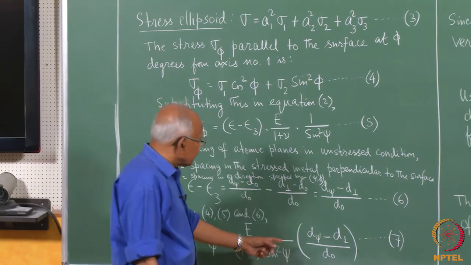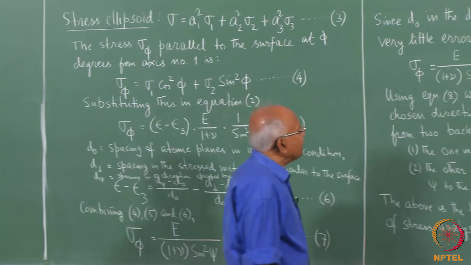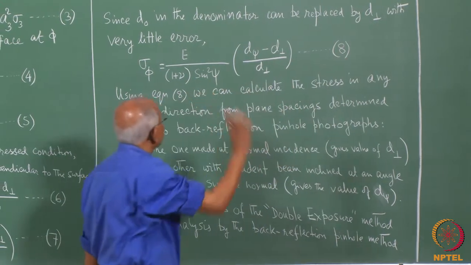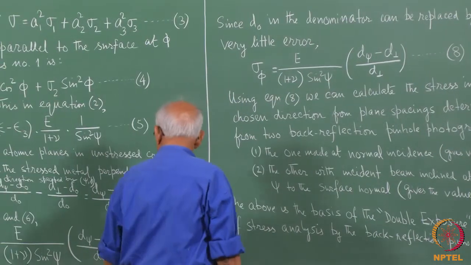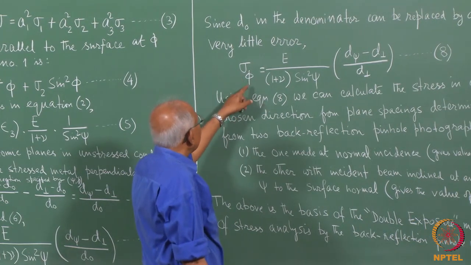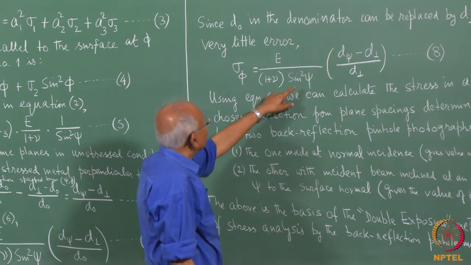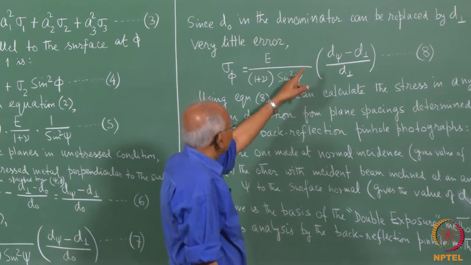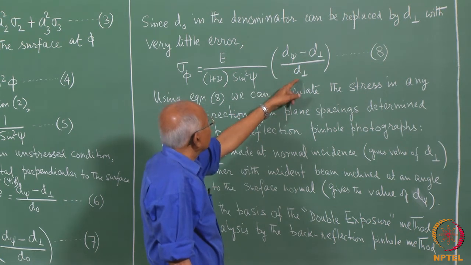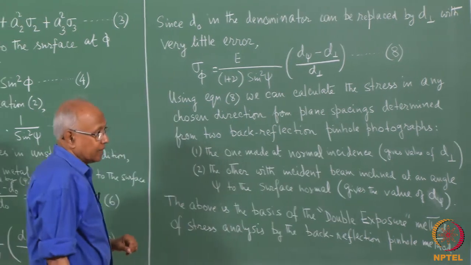Now, this d0 in the denominator can be replaced by d perpendicular with very little error. So, equation 7 can be rewritten as sigma phi is equal to E upon 1 plus nu sine square psi, the whole thing multiplied by d psi minus d perpendicular divided by d perpendicular. This is our equation 8.